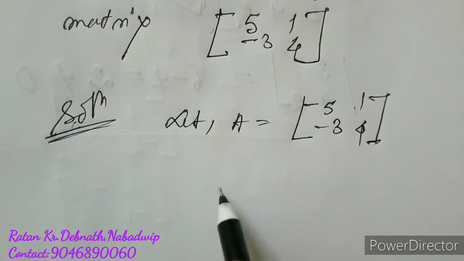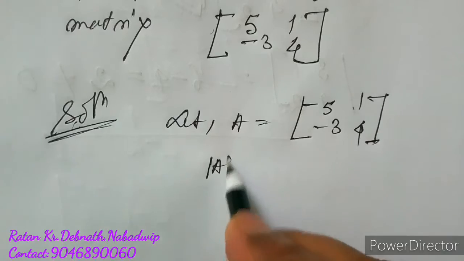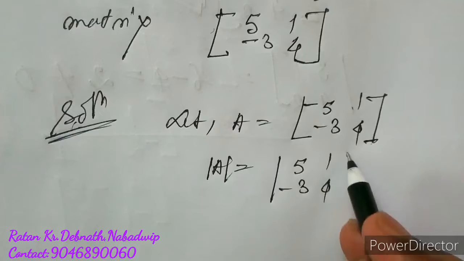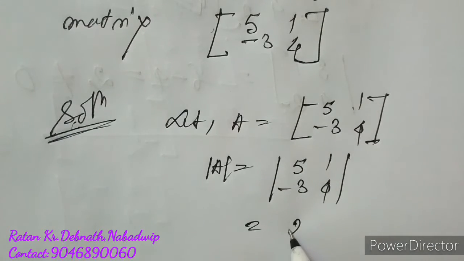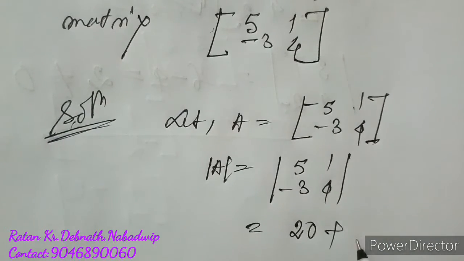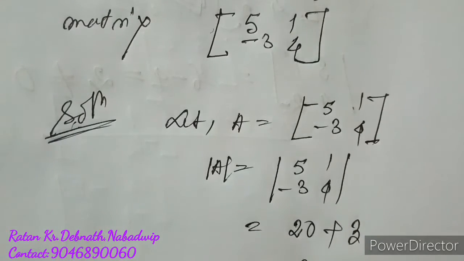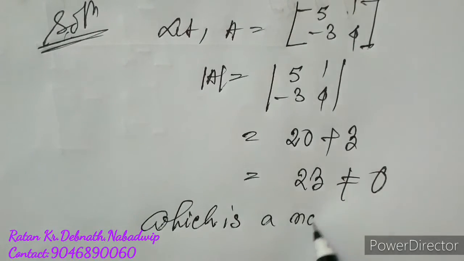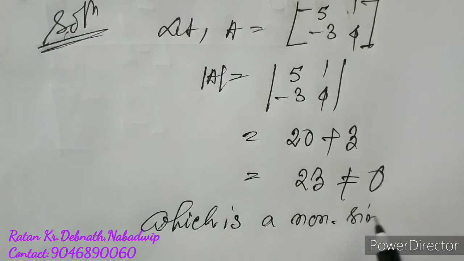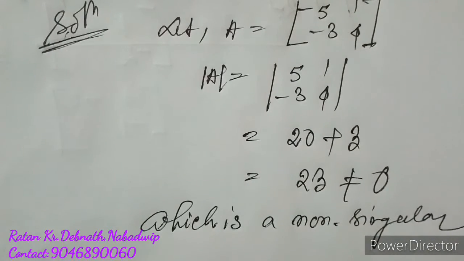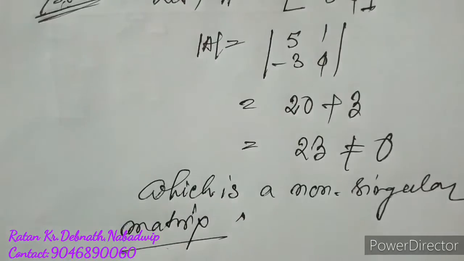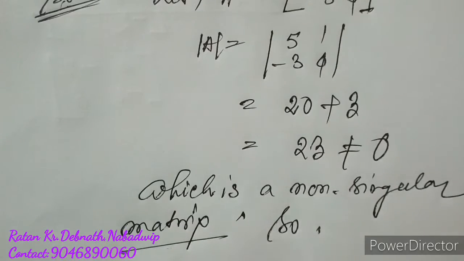Let us see whether it is singular or non-singular. 20 plus 3, 23, which is not equal to 0, which is a non-singular matrix. So inverse exists.